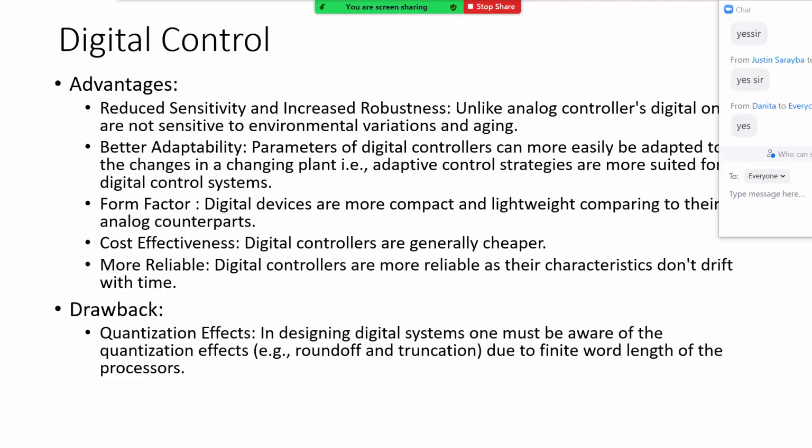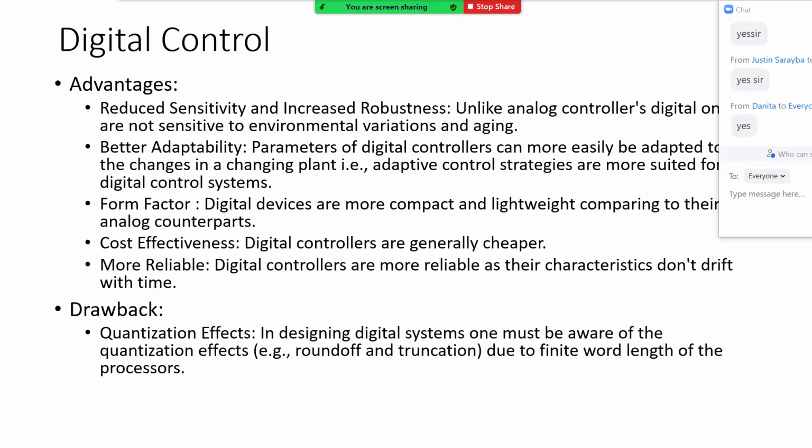I might have sensor data that tells me the temperature is too hot or too low, and depending on these extra parameters, I might be able to apply a different controller to the system. That is something you're not going to be able to do with an analog controller. You can automatically adapt to a changing plant or changing environmental conditions.